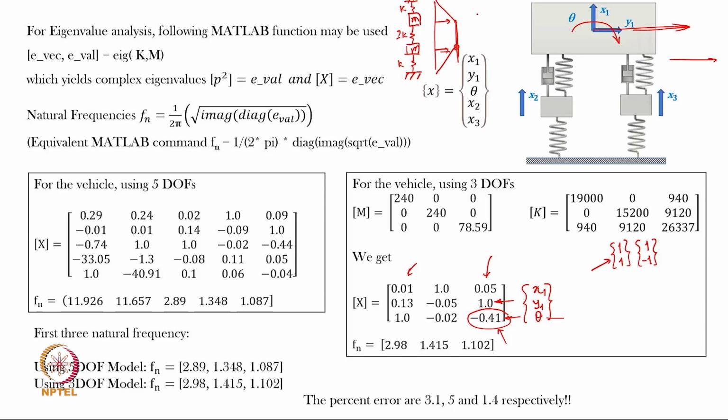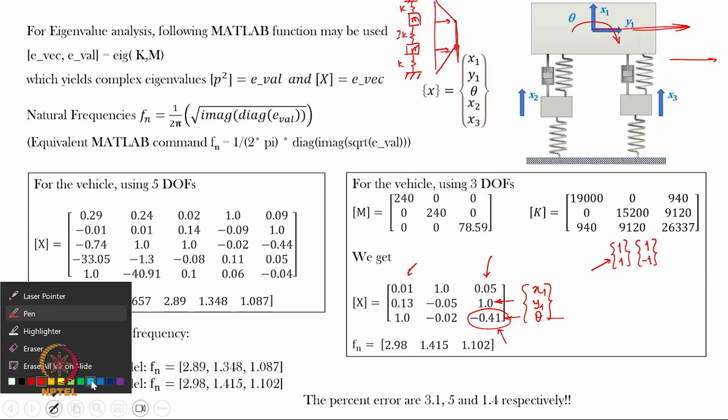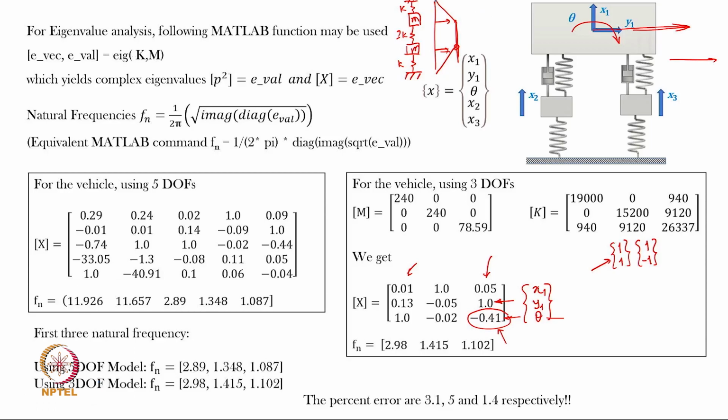In the second mode, I hope you recollect that in the second mode this was the way the mode shape was, 1 unit of mass m1, in the opposite direction the second mass moved, right. So, 1 minus 1 was the second mode shape. So, here you have a 3 mass or a 3 degree of freedom system.